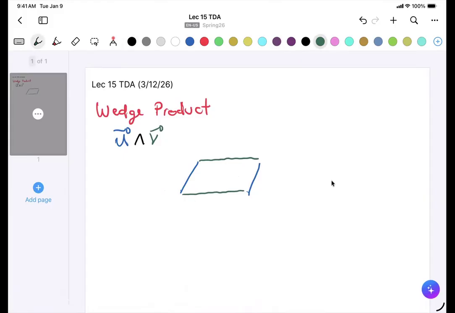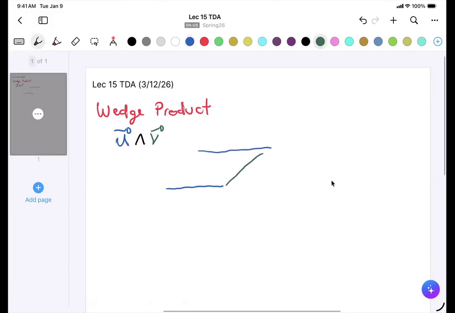Actually, let me draw them. I just want to get the orientation correct without issues. So let's draw u as the first one, horizontally. Yeah, now this is better. If you're doing u wedge v, what that means is that you draw the vector u first, and so here's the vector u.